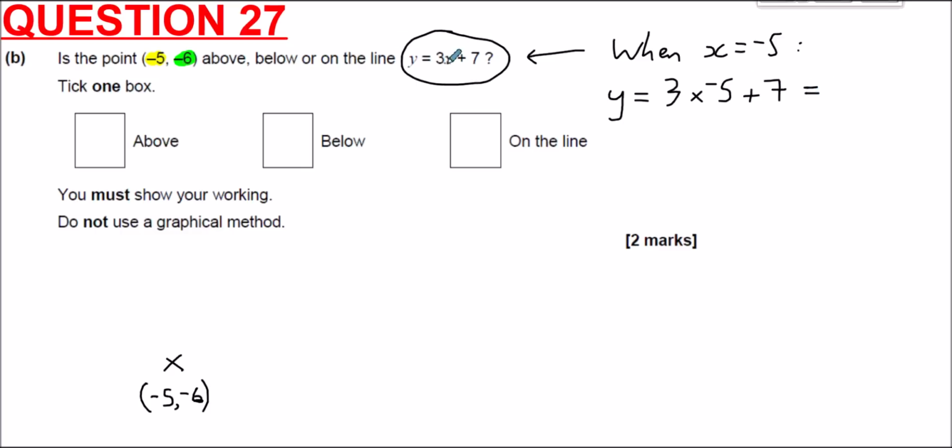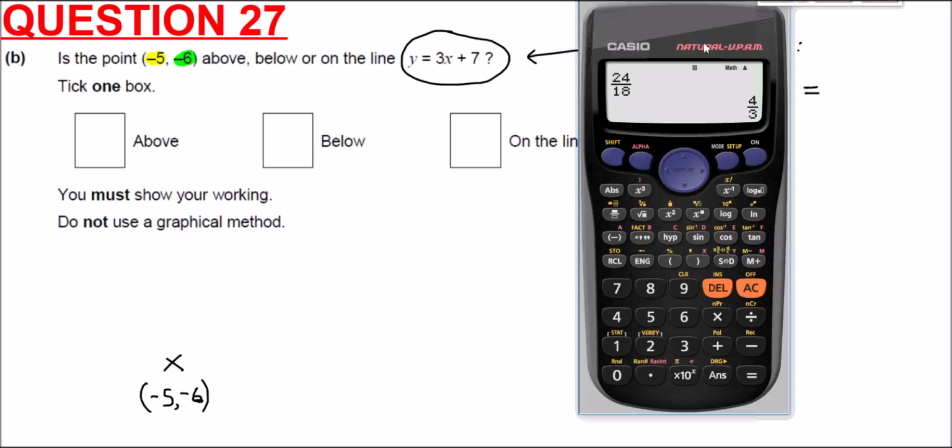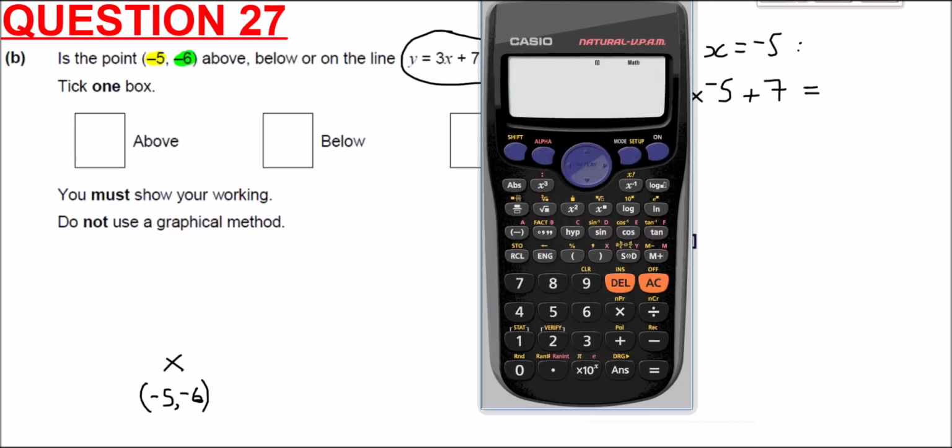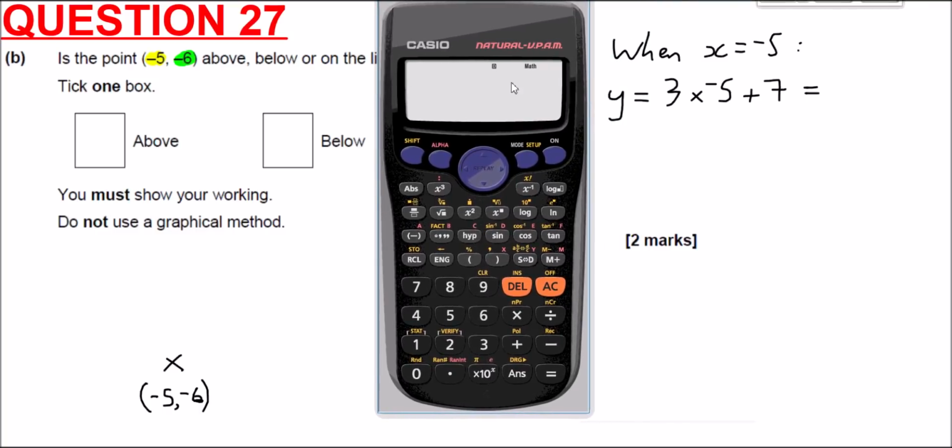This is a recipe, if you like, for working out what y is for any value of x. So for this particular line, y is always x multiplied by 3 plus 7. And so we can work this out and see what y would be on this line when x equals -5. So 3 multiplied by -5 plus 7 equals -8.